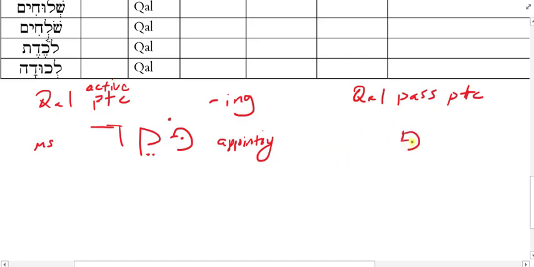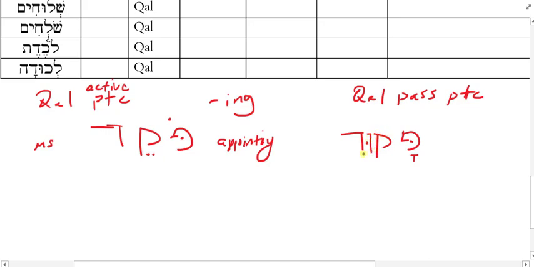Now, the formation of the Qal passive participle is not poqed, but paqud. Same three root letters as poqed, but with different vowels. Qamets, shureq, paqud. Which one of these is historically long? The shureq.